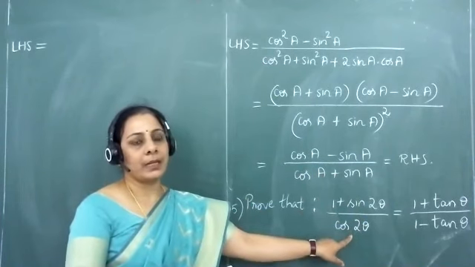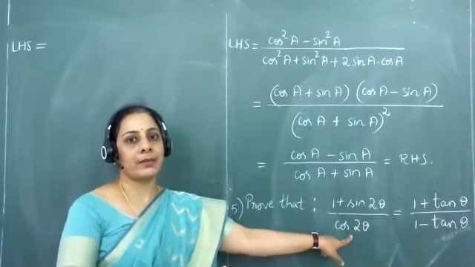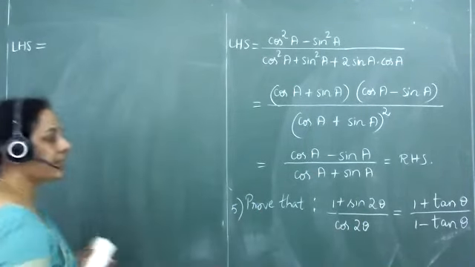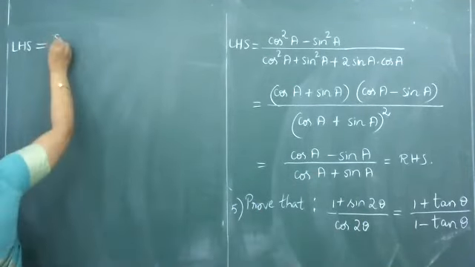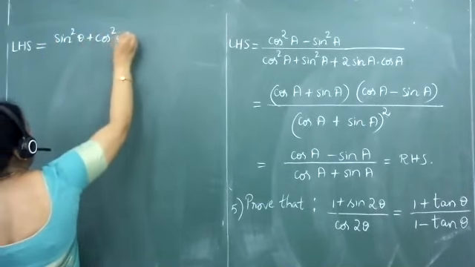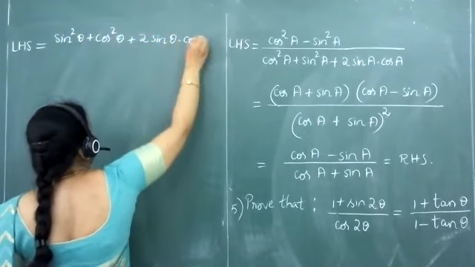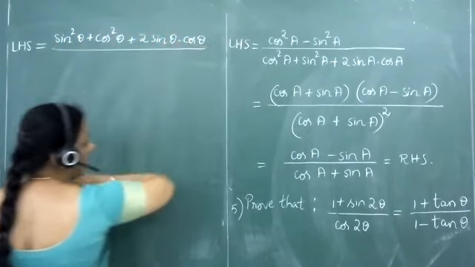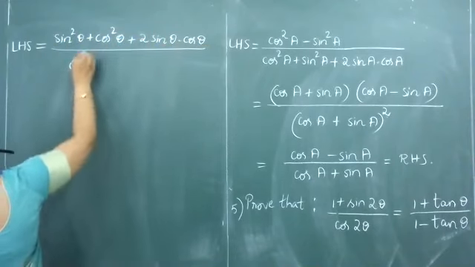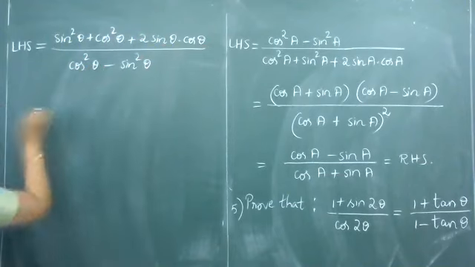Again, in the denominator cos 2 theta will be rewritten as cos square theta minus sine square theta. So you have sine square theta plus cos square theta plus 2 sine theta multiplied with cos theta whole divided by cos square theta minus sine square theta.